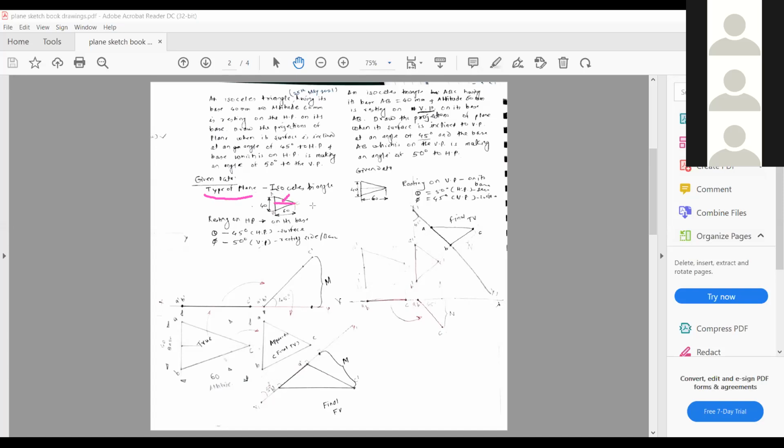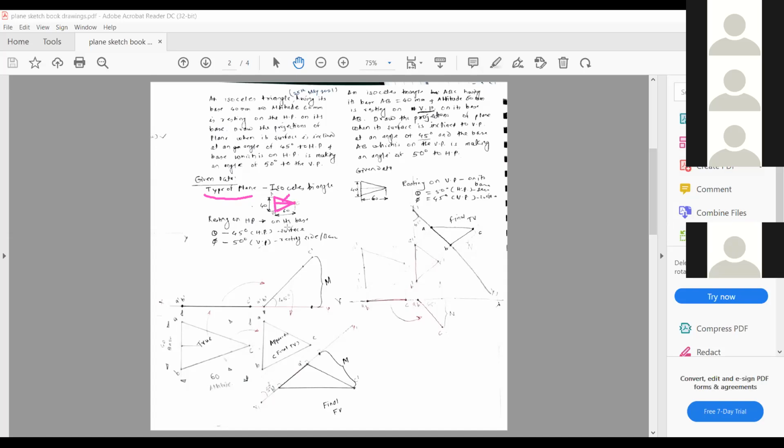So this distance is going to represent the altitude. This one is nothing but your base, and these are the remaining sides here. You will get the isosceles triangle. Okay.